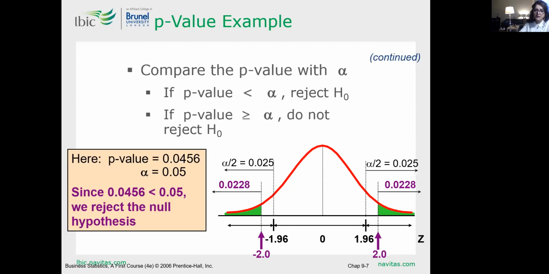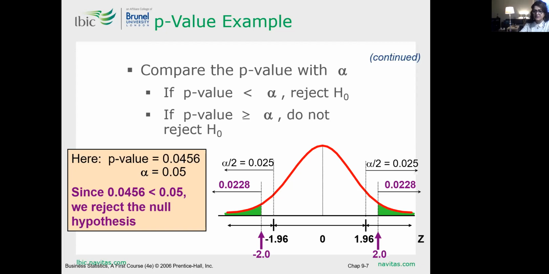So if we want to compare the p-value with the standard error or alpha, we need to be able to go to the conclusion and conclude that we're going to accept or reject the null hypothesis. By using the standard normal table, you find the probabilities, the z-value, and then the probability of the extreme value.